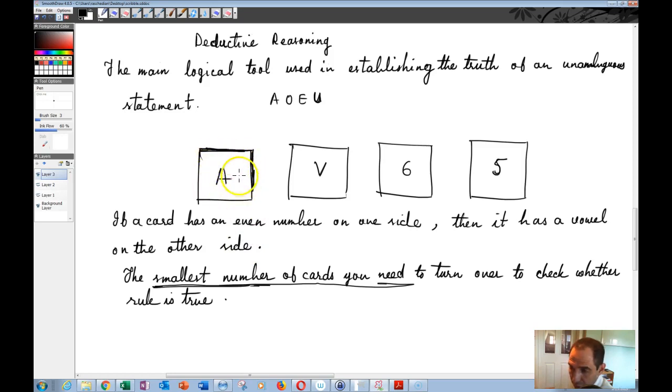So on the other side of this card, if there is an even number, then of course this rule holds, meaning that you have an even number on one side of the card and a vowel on the other side of the card.